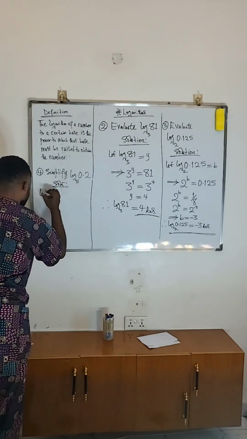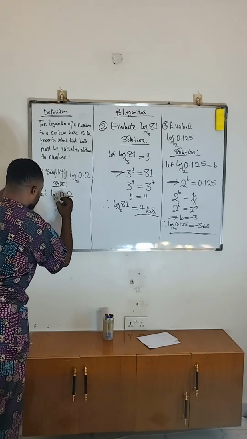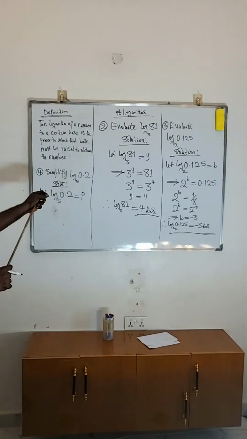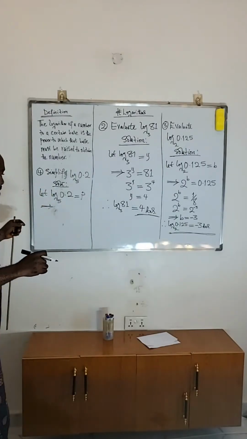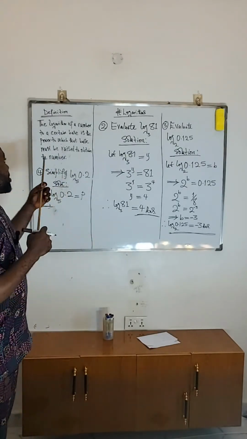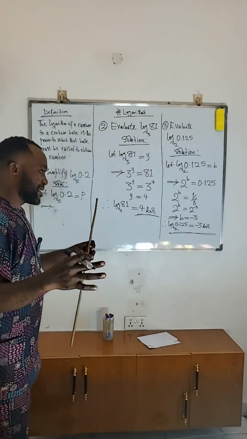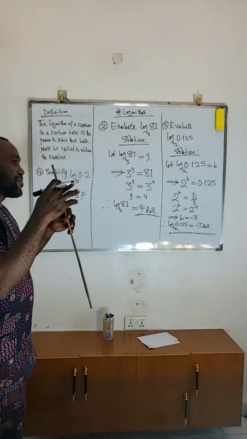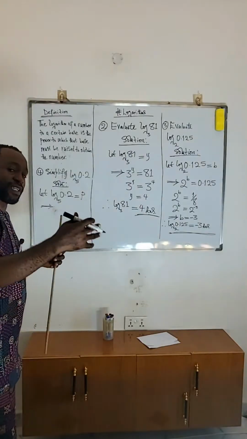We can let log 0.2 in base 5 be equal to P. According to the definition of logarithm, the logarithm of a number to a certain base is the power to which that base must be raised to obtain that number.